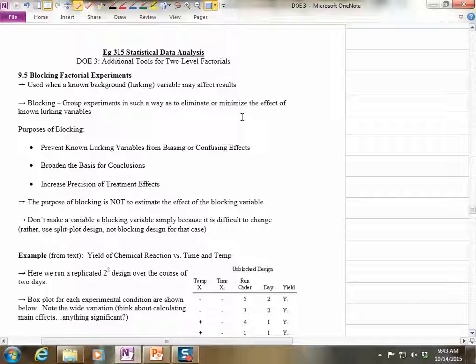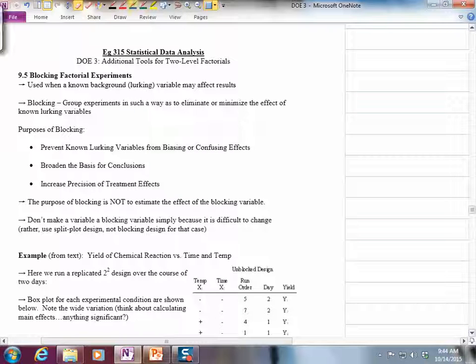So now, blocking. The deal with blocking is we have some sources of variation, and we want to get rid of them. So we did that paired t-test, remember that? Where we had the different cars, and we paired them up, and we used those to block out a source of variation.